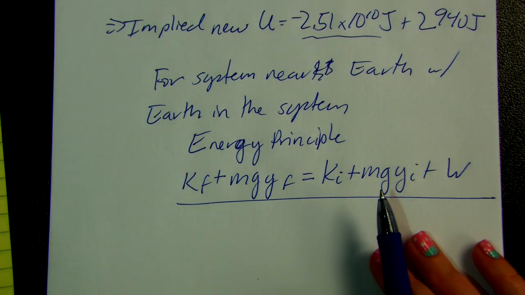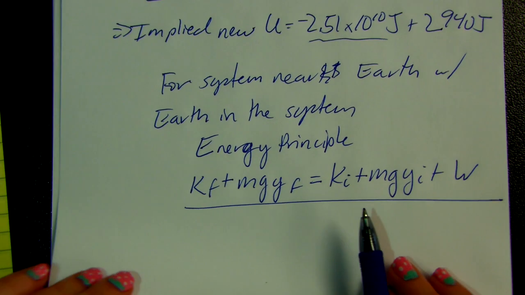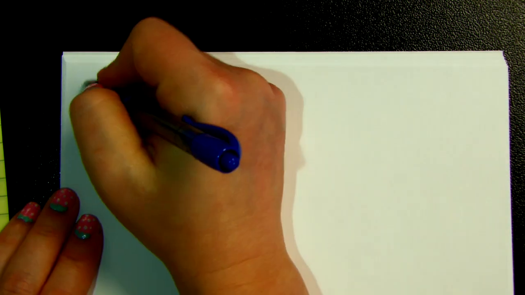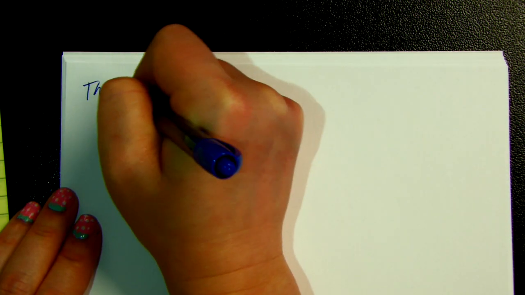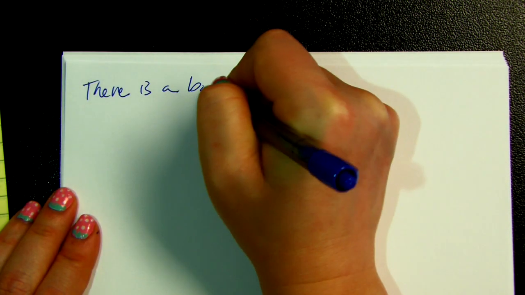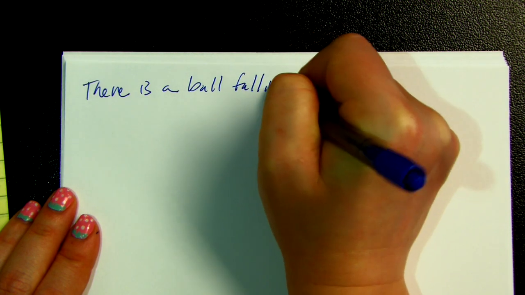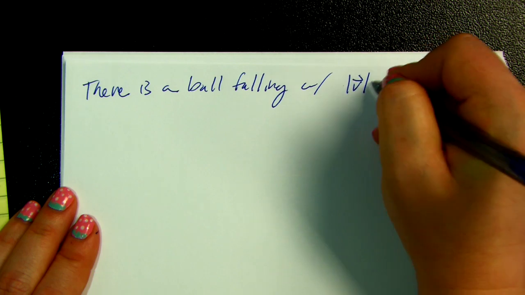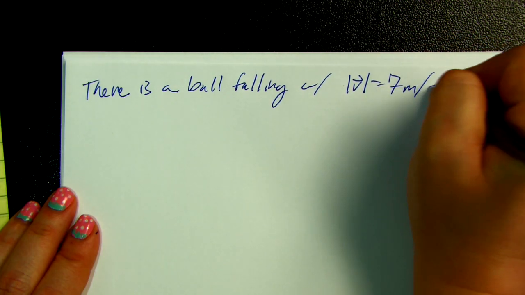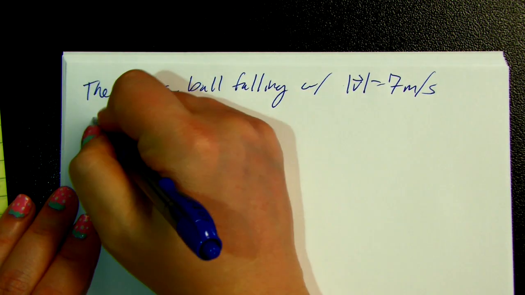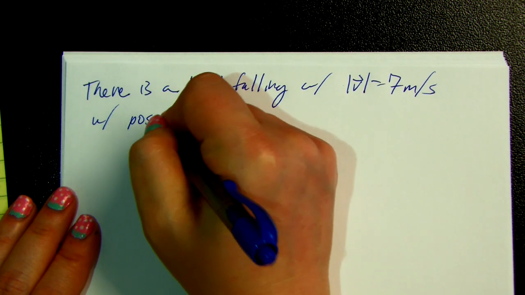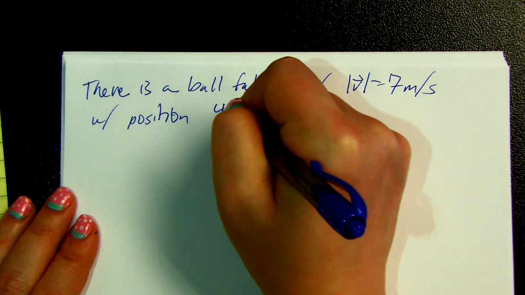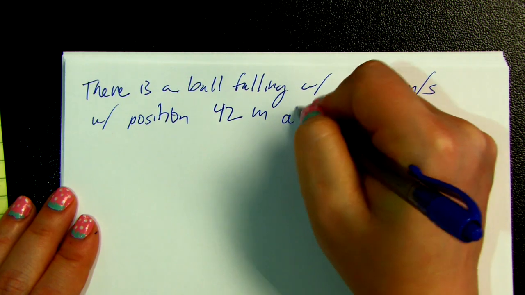All right, so let's do another example, just to really drive this point home. So we have a ball falling with a speed of 7 meters per second with position 42 meters above surface.